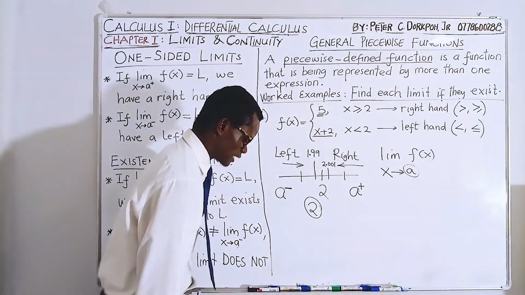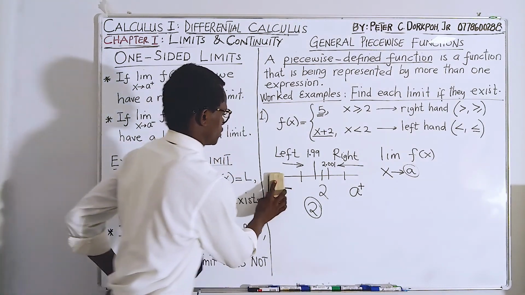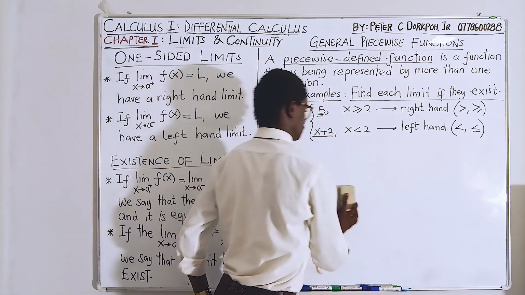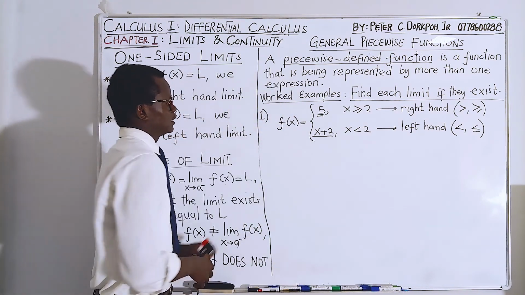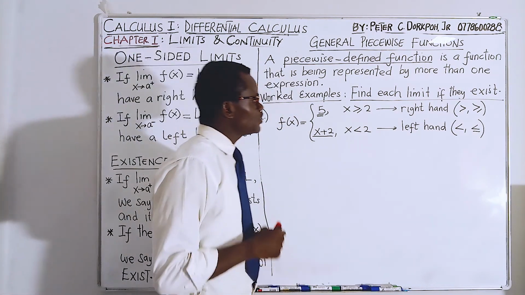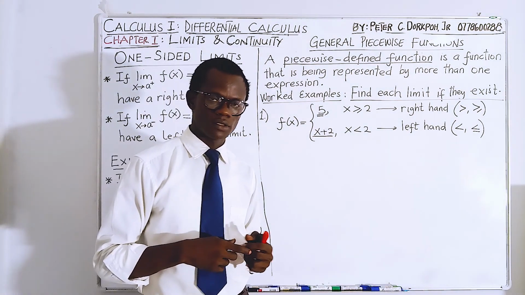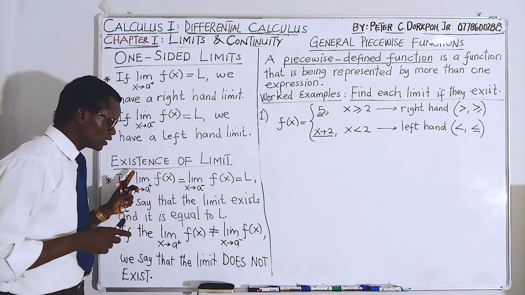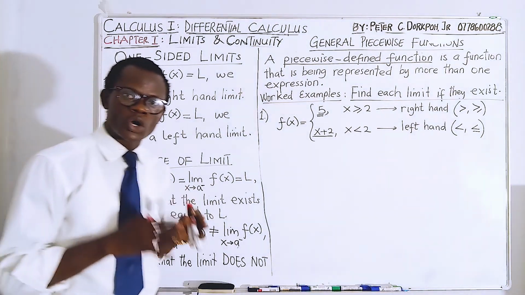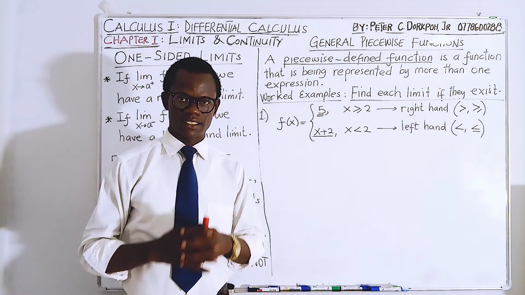So let's look at the first example. The example says that we must find each limit if they exist. Keep in mind, when does a limit exist?